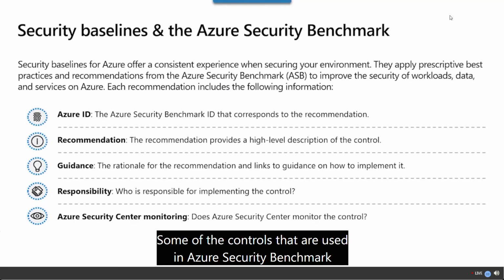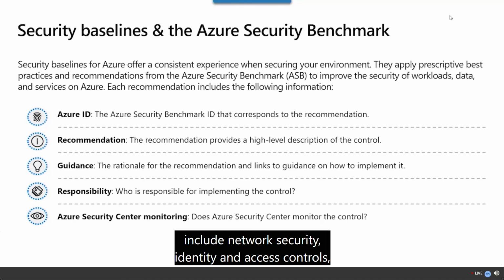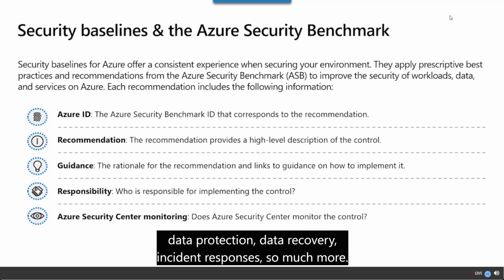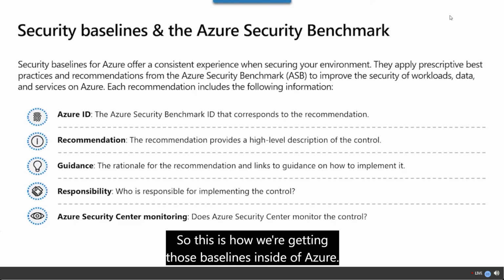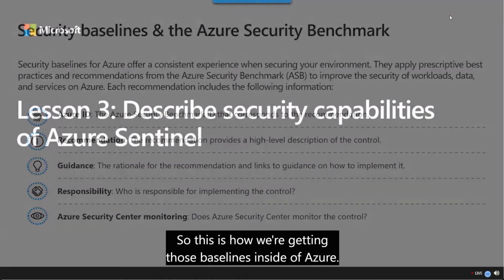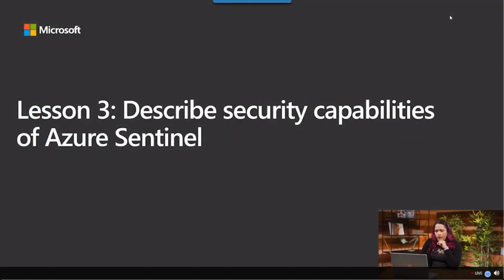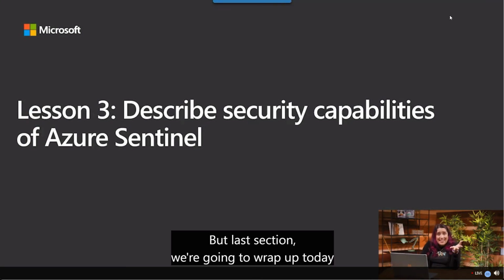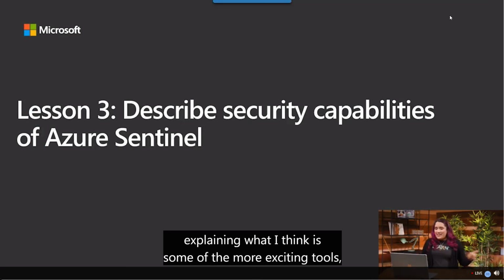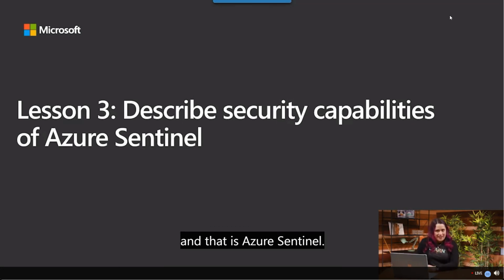Some of the controls that are used in Azure Security Benchmark include network security, identity and access controls, data protection, data recovery, incident responses, and so much more. So this is how we're getting those baselines inside of Azure. But last section, we're going to wrap up today exploring what I think is some of the more exciting tools, and that is Azure Sentinel.